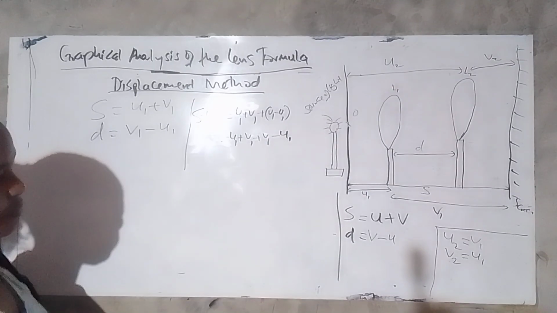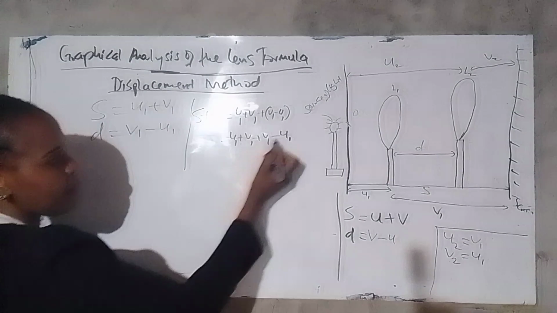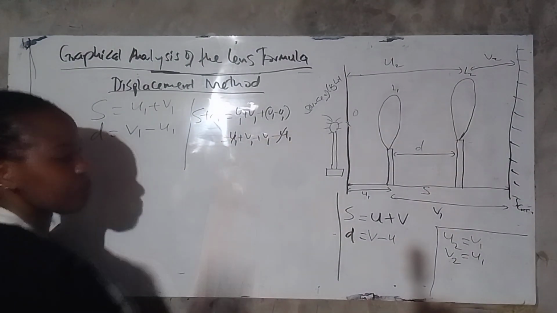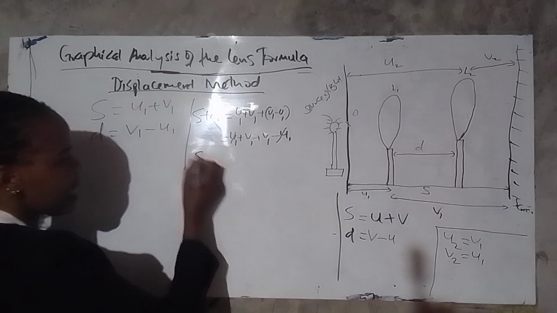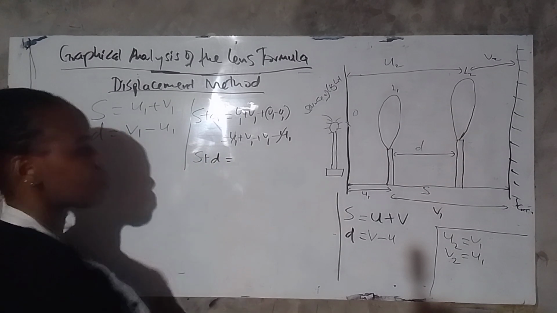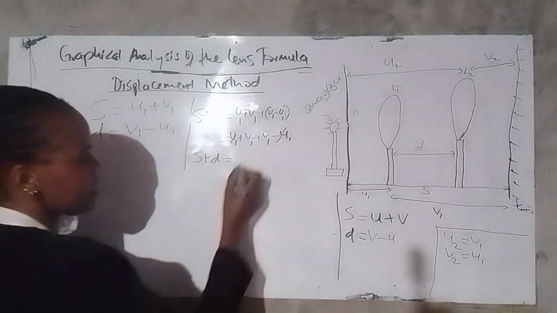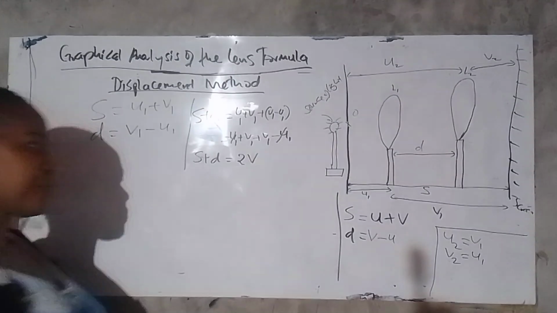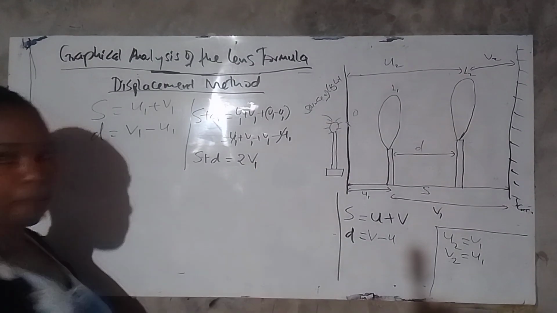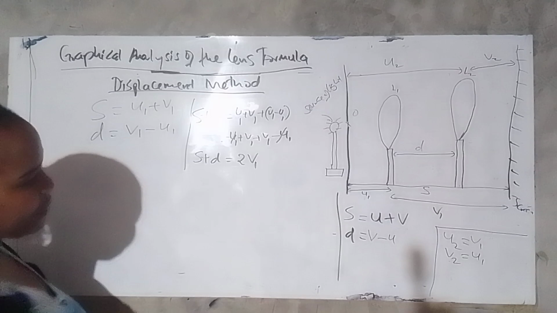Don't get lost. U1 minus U1, those cancel. So we have S plus D equals V1 plus V1, that is 2V1, of course.